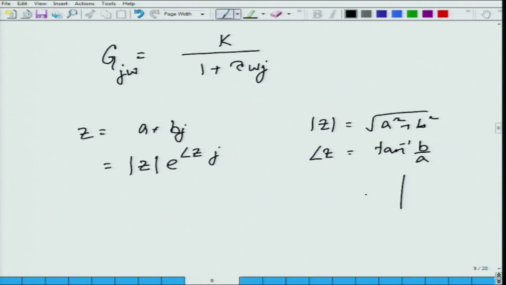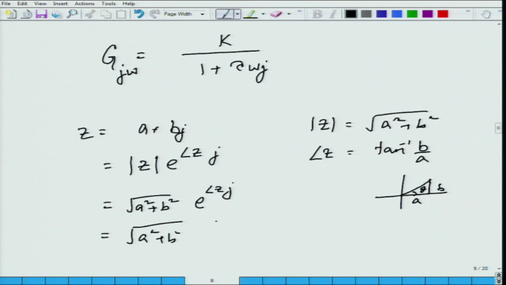So, if you have an angle, this is b and this is a, and this is the angle, let's call this angle theta or angle of z, then this guy would be square root a square plus b square times e to the power angle of z j, and by the Euler identity, you know that is equal to square root a square plus b square times cos angle of z plus j times sine angle of z.